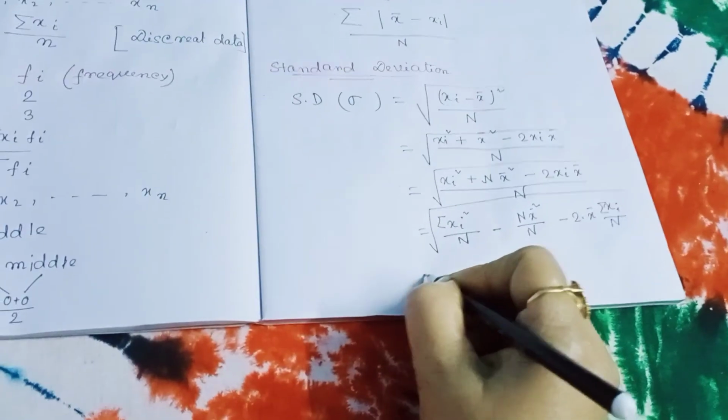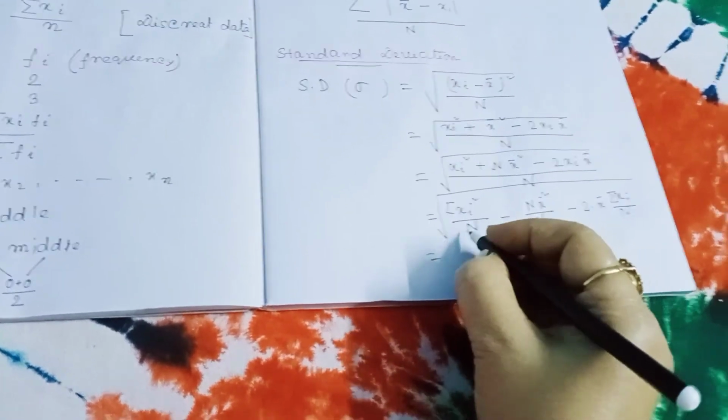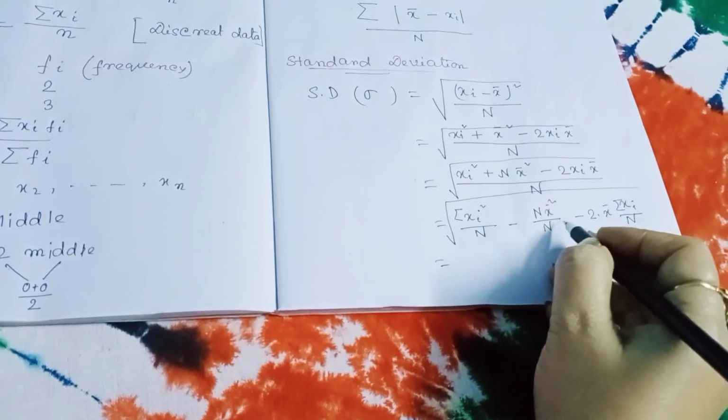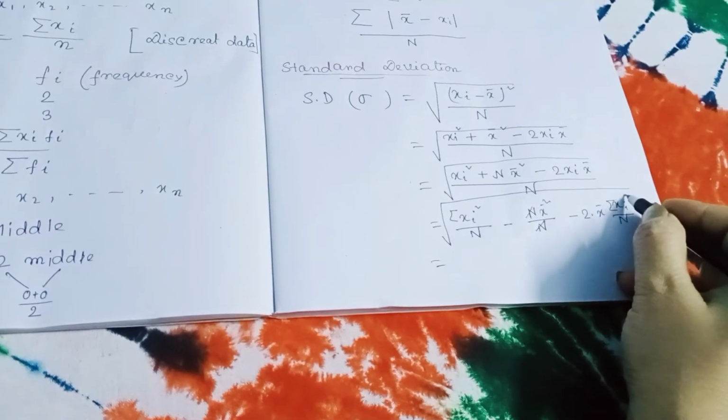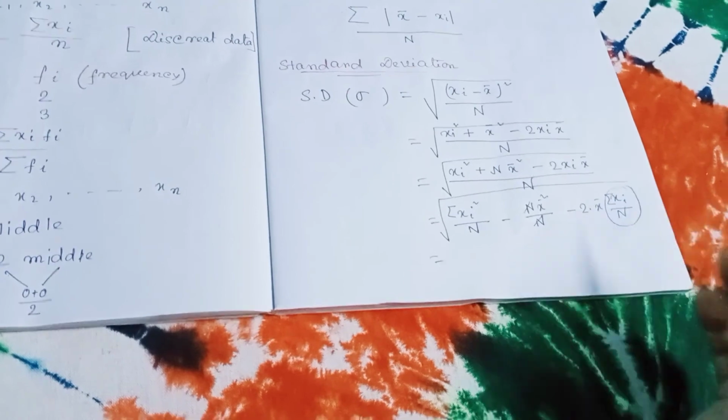Here n is cancelled off, and we know summation xi by n is x bar.